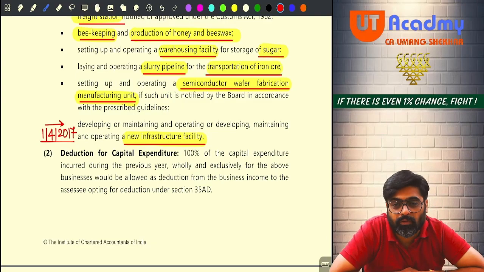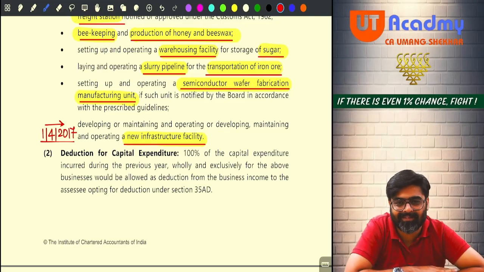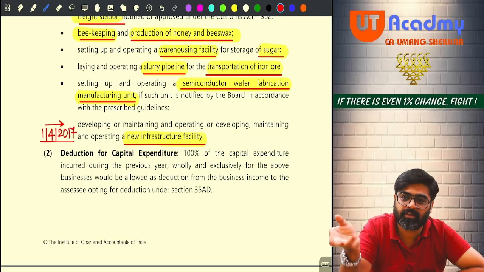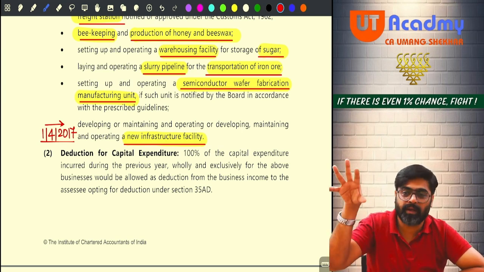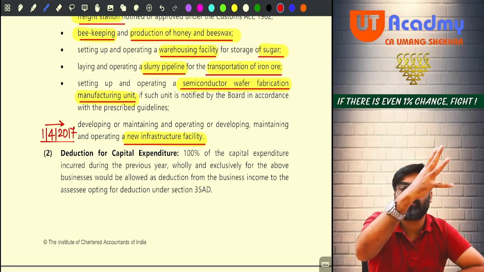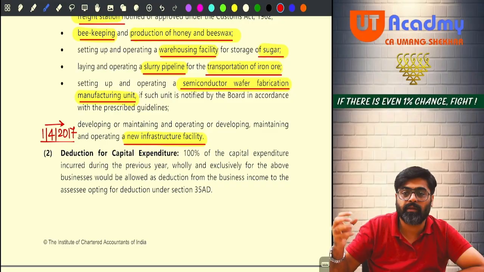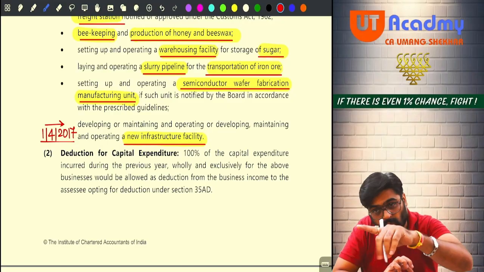After 1st April 2017, no new business is added to this list. Till 2017, many businesses were included in 35AD: a few from 1st April 2006, then 1st April 2007, 1st April 2009, likewise till 2017.